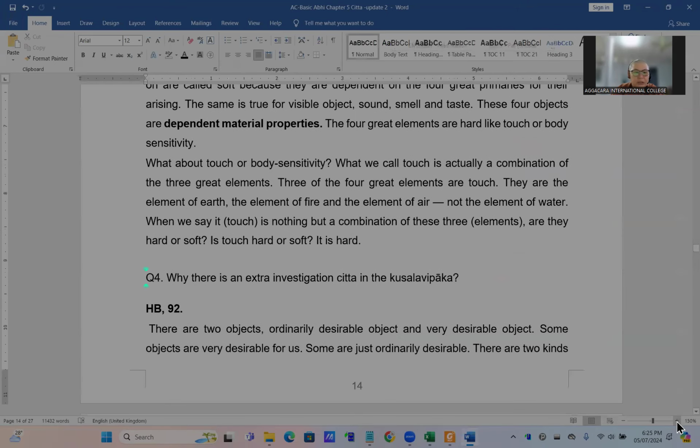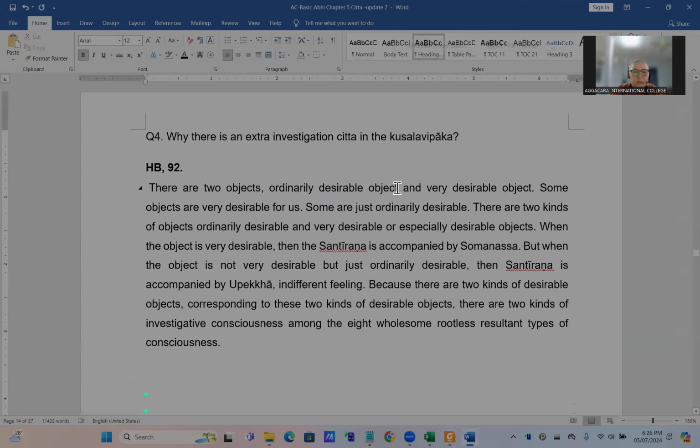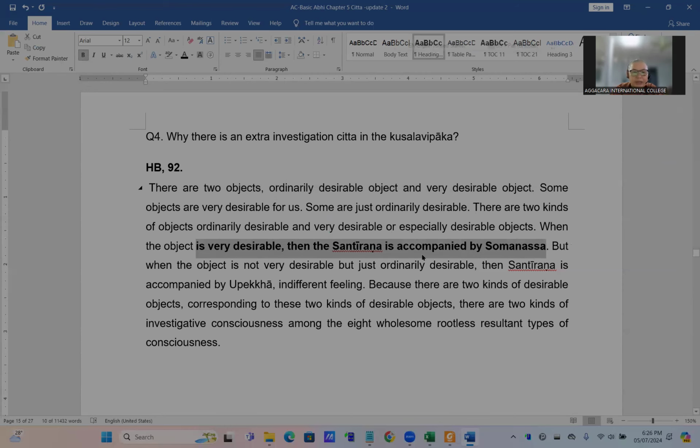There's a question number 4. Later I will pass you all the updated one. The answer is because there are two types of object. One is very ordinary desirable, another one is very desirable. When the object is very desirable, the Santirana is accompanied by Somanasa, pleasant feeling.